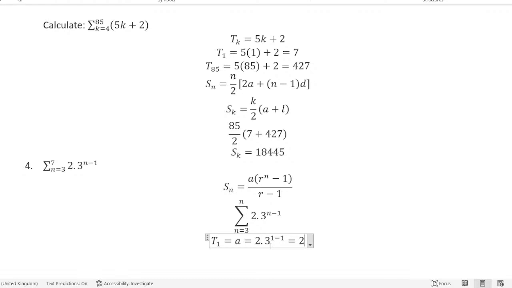Now let's find the value of r. To find r, we must get at least 2 terms.